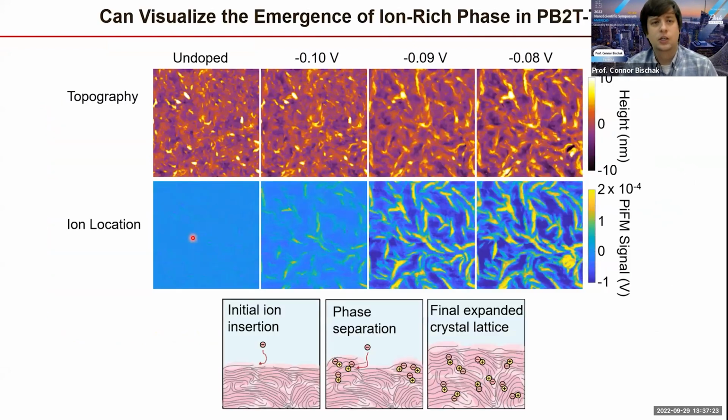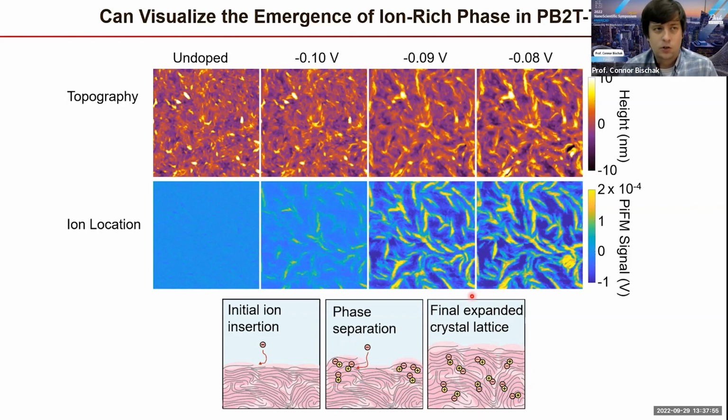And just putting this all together, as we go from our undoped state with no ions to just changing the voltage slightly, we can see these features form in our material. So this looks almost like a nucleation and growth mechanism, where inserting one ion makes it more favorable for other ions to join it in the same spatial location, leading to this phase separation, which will eventually get us to this expanded crystalline state.